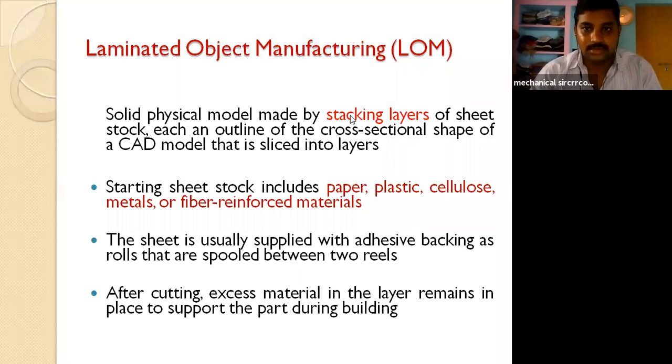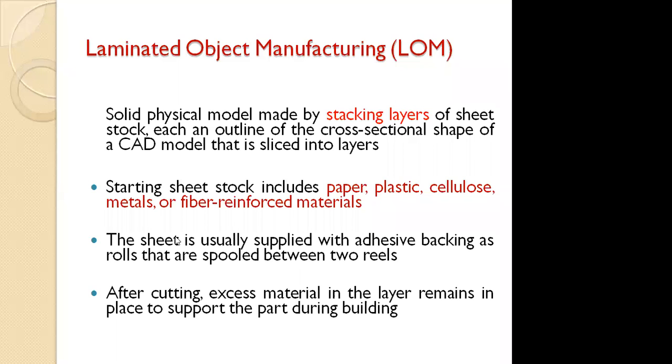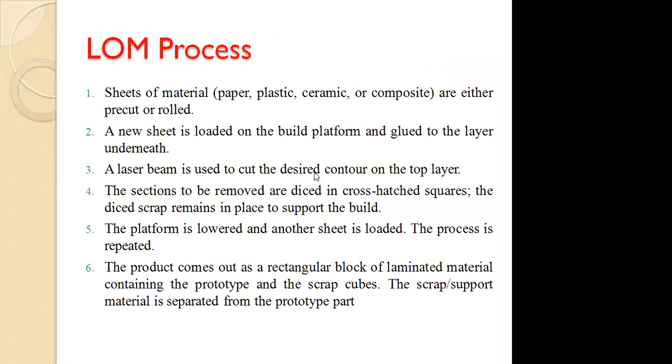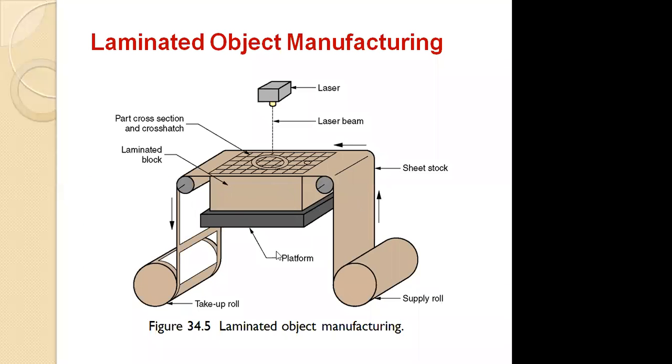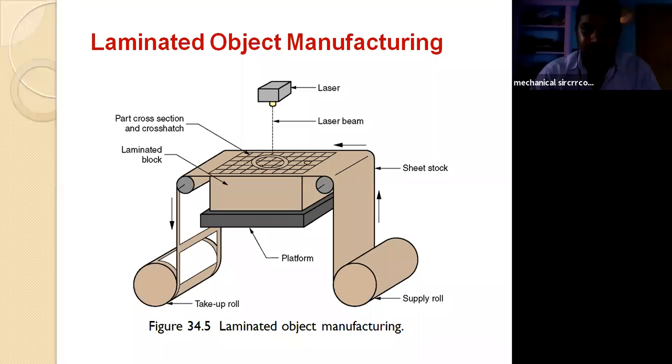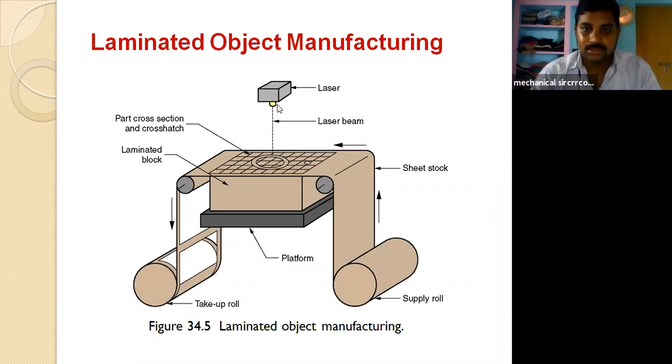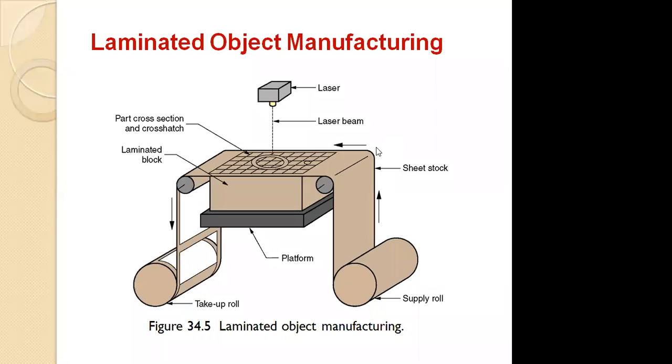So here it is layer by layer. By this graphical representation, layer by layer, it is the supply roller, and the laminate is supplied from this platform, and here the laser beam is supplied.